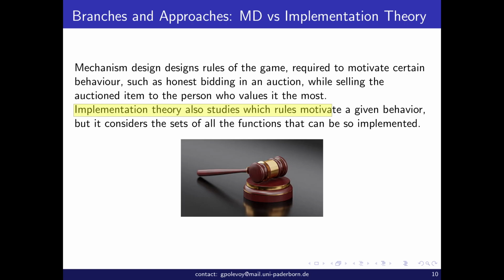In mechanism design, it's enough that you just make some behavior an equilibrium or weakly dominant, and I don't say what it means yet, but I'm just giving you an impression of what that is. It's enough that you just make some behavior profitable for rational players, whereas implementation theory asks about all the possible things which we might motivate. It's a more theoretical domain, though it also, of course, has its uses.